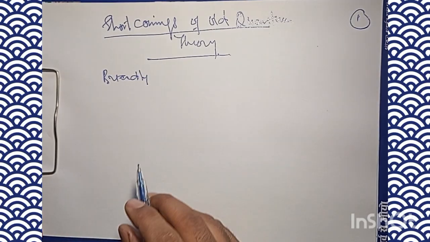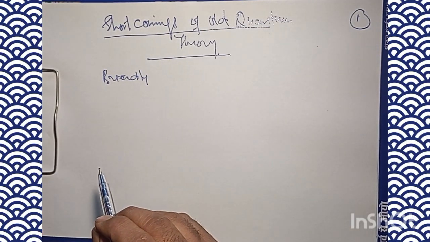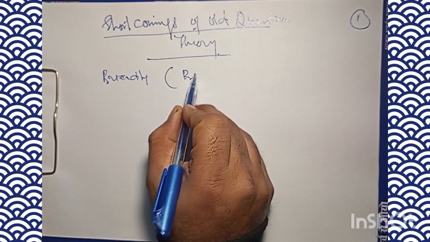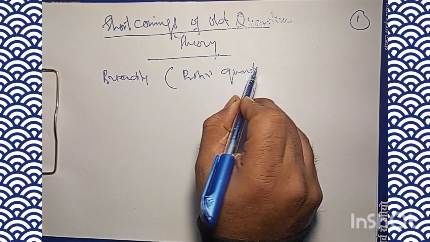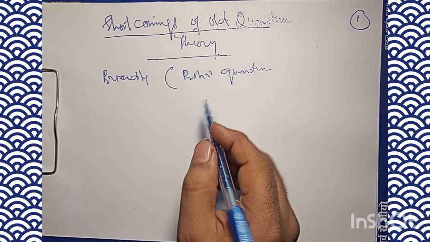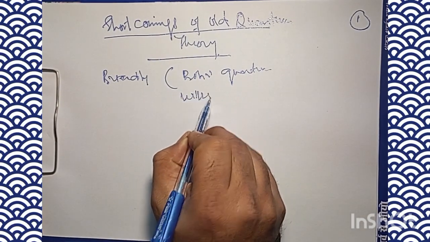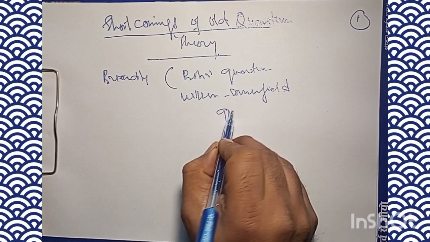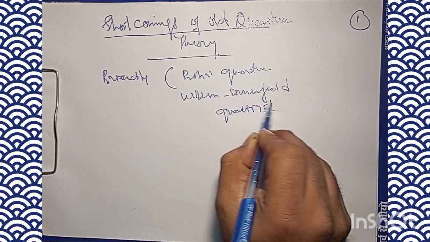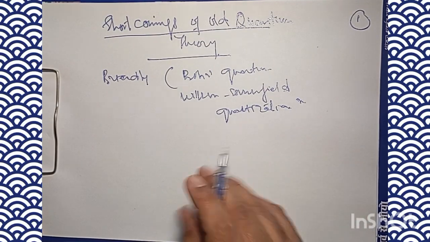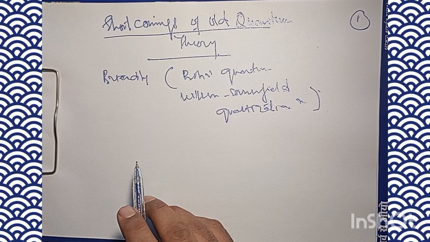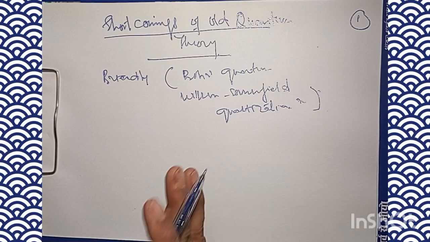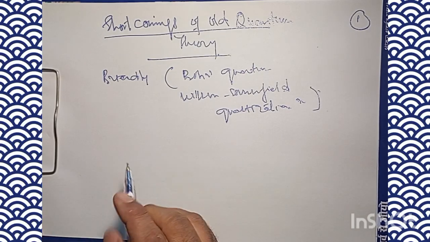If we talk broadly about this old quantum mechanics, which was purely based on Bohr's quantum conditions and even Wilson-Sommerfeld quantization rules for some periodic systems, it could basically explain only some limited problems.